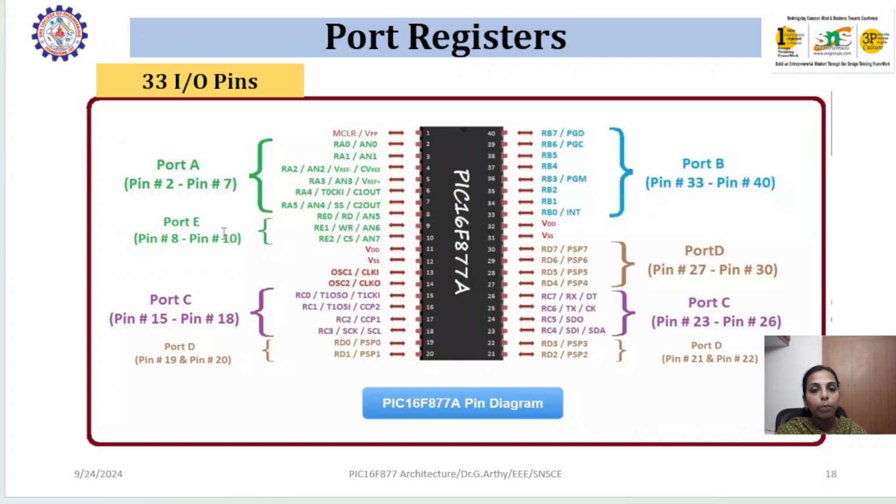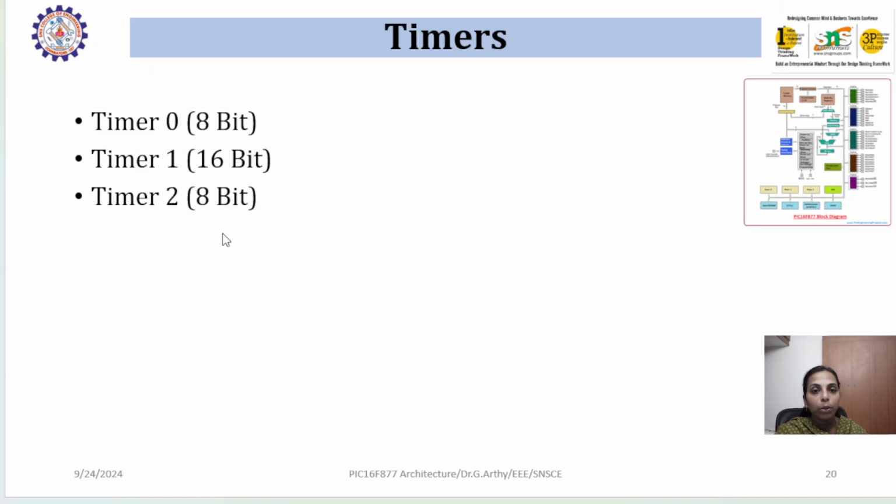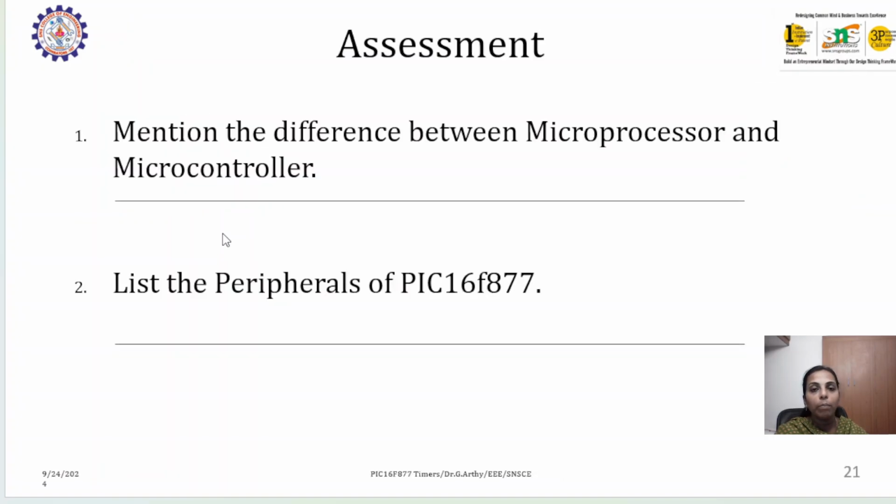Other than that, we have the serial communication protocol peripherals: USART, SPI, the serial peripheral interface protocol, and the I2C bus protocol. Then we have three different types of timers in PIC16F877, which we'll be discussing in detail in the forthcoming videos. Two 8-bit timers and one 16-bit timer are available with the PIC.